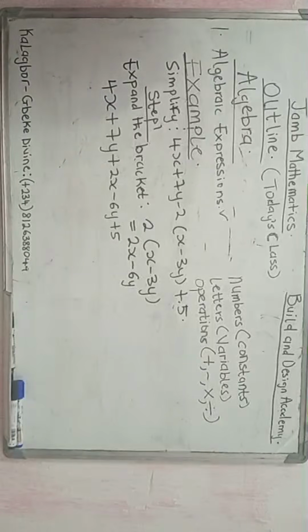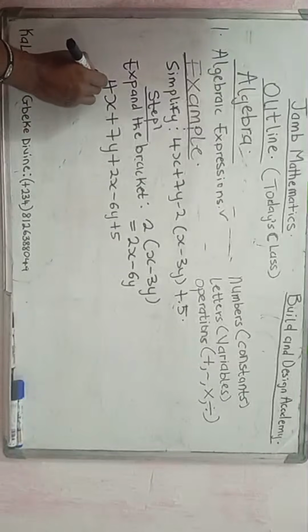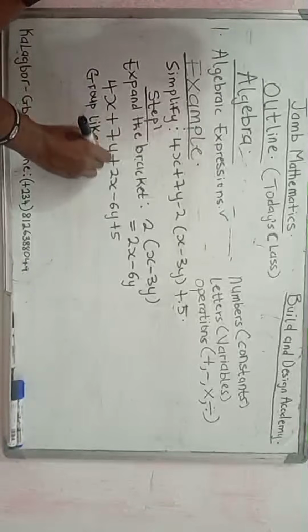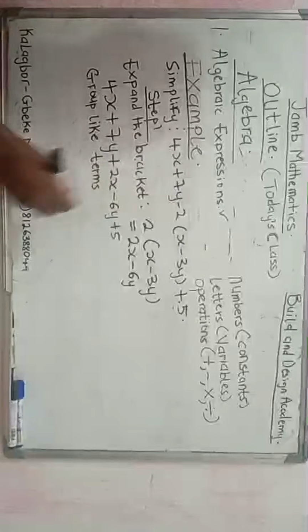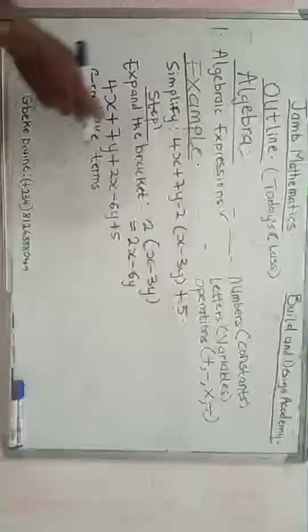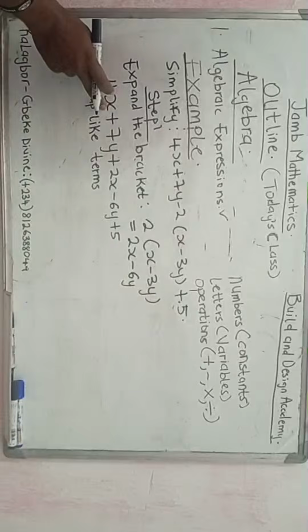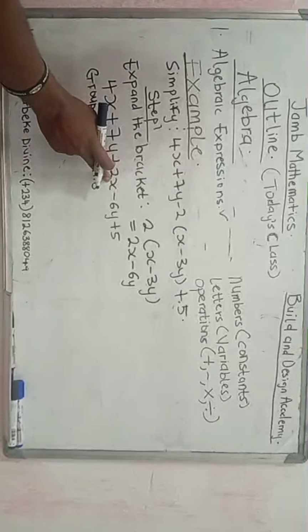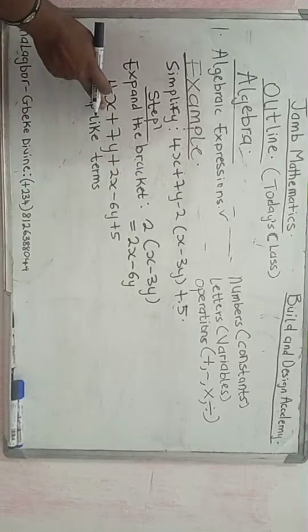Now the next thing is to group like terms. For us to have like terms, they must have the same variables, right? So 4x and 2x are like terms because they have the same x variables.